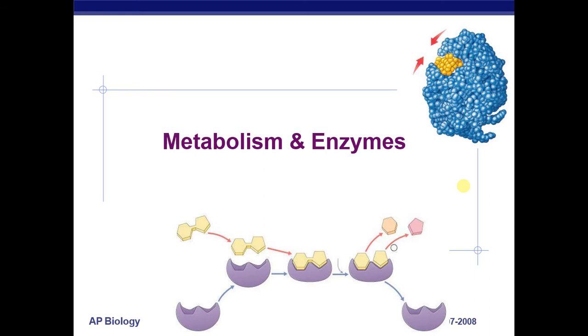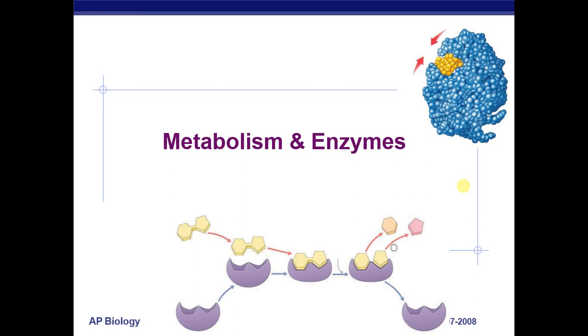But before we get to photosynthesis and cellular respiration, we need to talk about two things. We need to talk about enzymes, because enzymes are going to be super important in both of those processes, and we need to talk about metabolism, or using chemical energy or making chemical energy in the cell to power all of the different chemical reactions that need to happen.